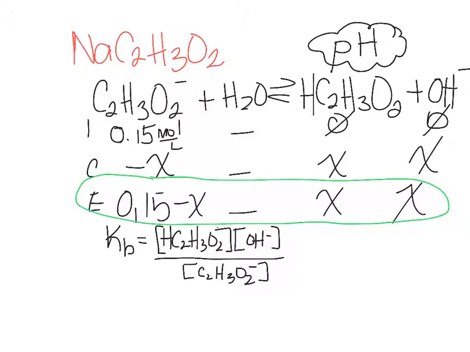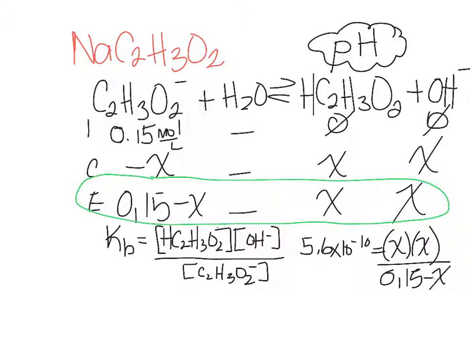So we need our KB value. You've already determined it, and it was 5.6 times 10 to the negative 10. So 5.6 times 10 to the negative 10 is equal to x times x over 0.15 minus x.